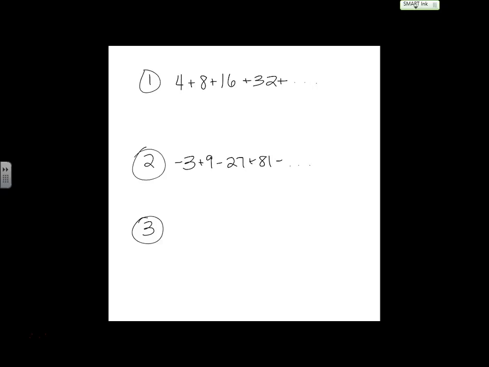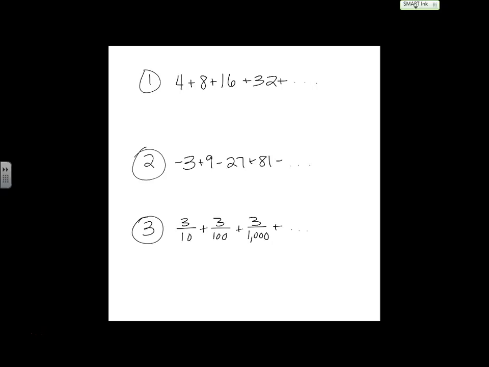Then let's do 3/10 plus 3/100 plus 3/1000.